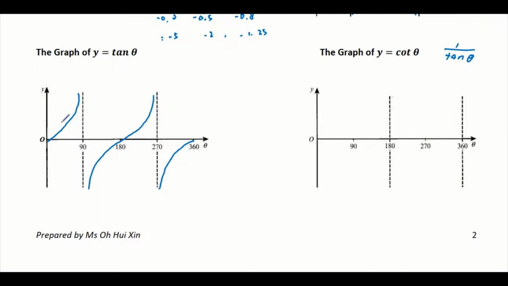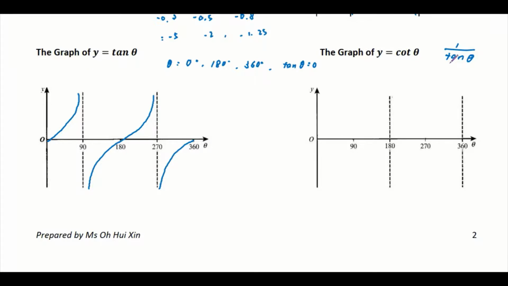You can see the points theta equals 0, 180 and 360 will give you tangent theta equals 0, right? So that's why you can see the new asymptotes here, at 180 and 360, because 1 over 0 is going to give you an undefined answer.